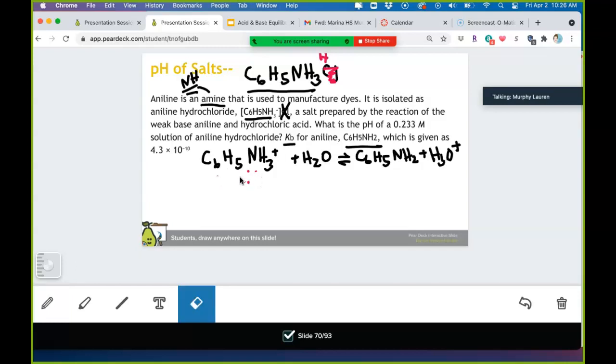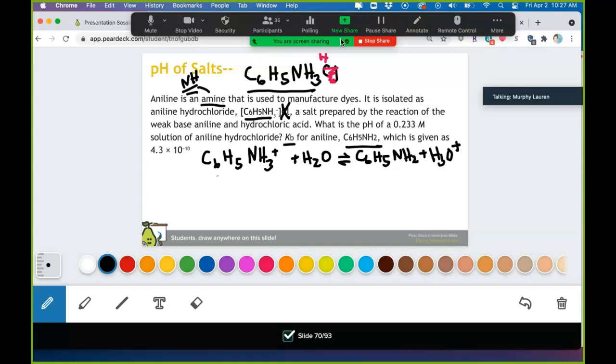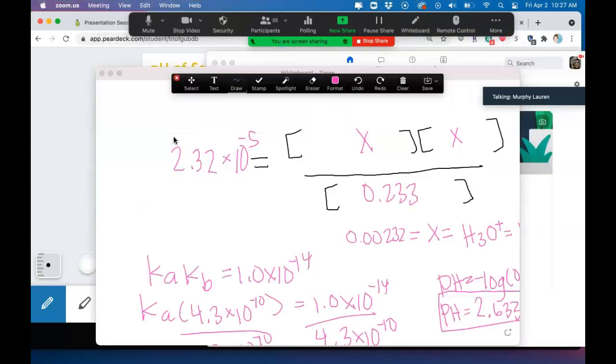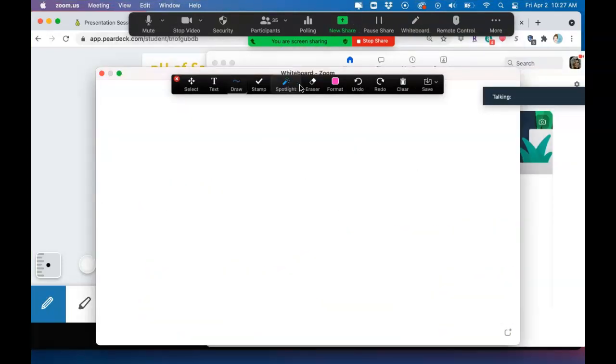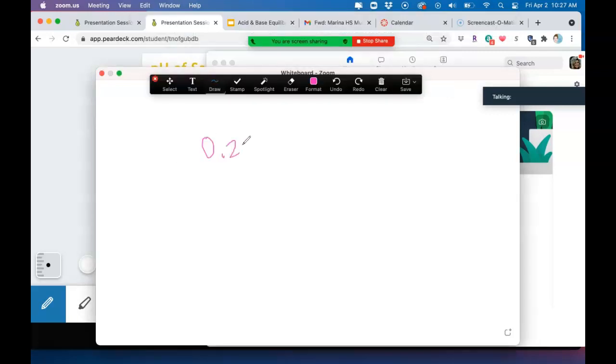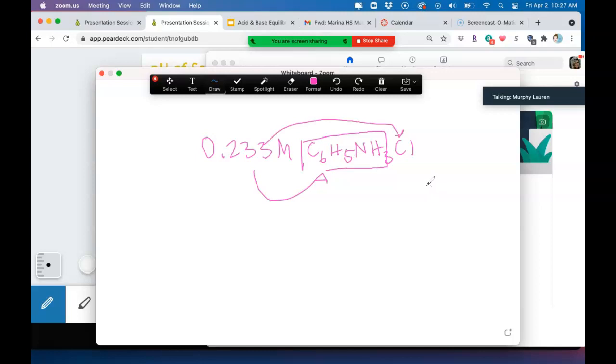Well, now I want to know the pH of this salt, and I give you the salt's concentration. So let's have a little flashback. When I say a salt is 0.233 molar of the salt, it's really 0.233 molar of this guy and 0.233 molar of this guy.